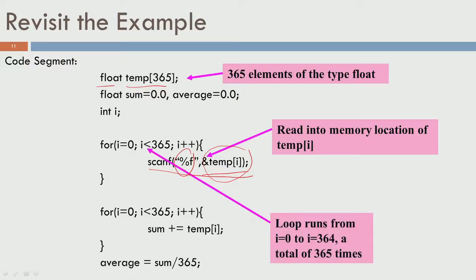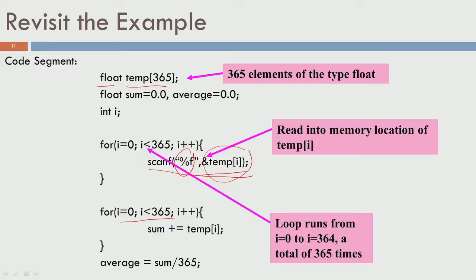When you look at this loop, it runs from 0 to 364, so it actually runs 365 times. Your array is indexed from 0 to 364, and the loop also runs from 0 to 364. We are scanning 365 elements, and in this loop we are adding all the 365 elements into sum and you average at the end of it. So, it is as simple as that.